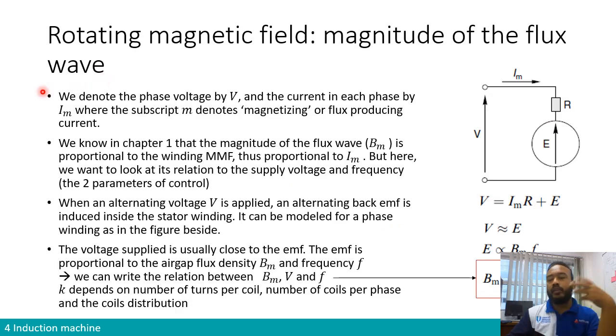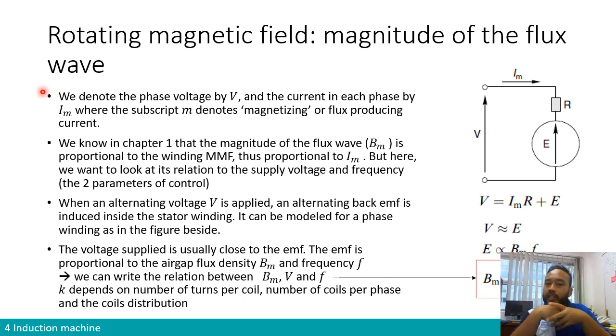So we have looked at what we call synchronous speed, but as in any vectorial quantity, the rotating magnetic field has two components. The first is the direction of the speed, and the other component of a vectorial quantity is the intensity or the magnitude. The synchronous speed shows the speed or the direction in which it rotates.